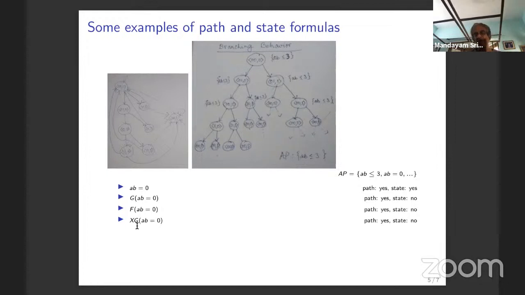Because whenever you use a linear temporal operator to construct, that is always a path formula. And it has to be constructed from a path formula. So since the subformula G applied to AB is equal to 0 is indeed a path formula, it's a well-formed path formula. It's not a state formula.